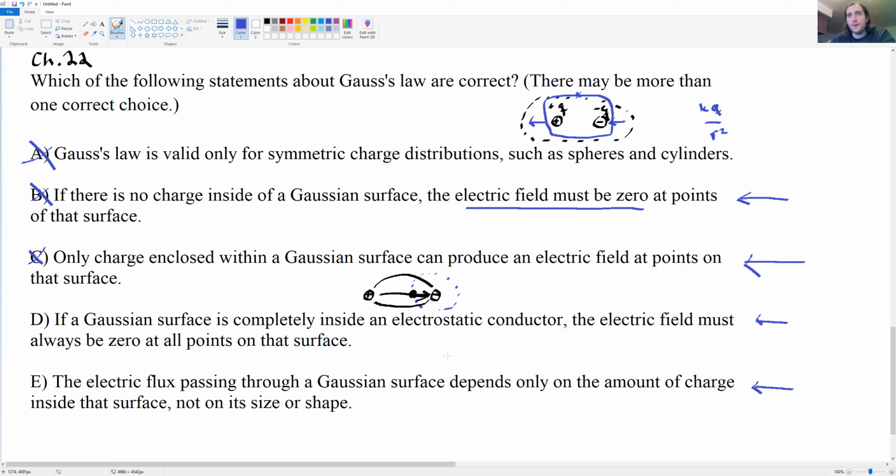Let's take a look at D. If a Gaussian surface is completely inside an electrostatic conductor, the electric field must always be zero at all points on that surface. So if we have an electrostatic conductor, I hope that we remember that the electric field is always zero inside an electrostatic conductor.